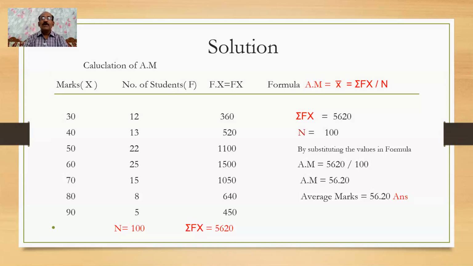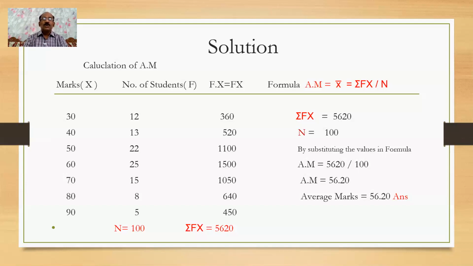In the second step, what you have to do, take the sum of the fx values. fx is the product of f and x. What you have to do, sum of these fx values. That is the sigma fx.